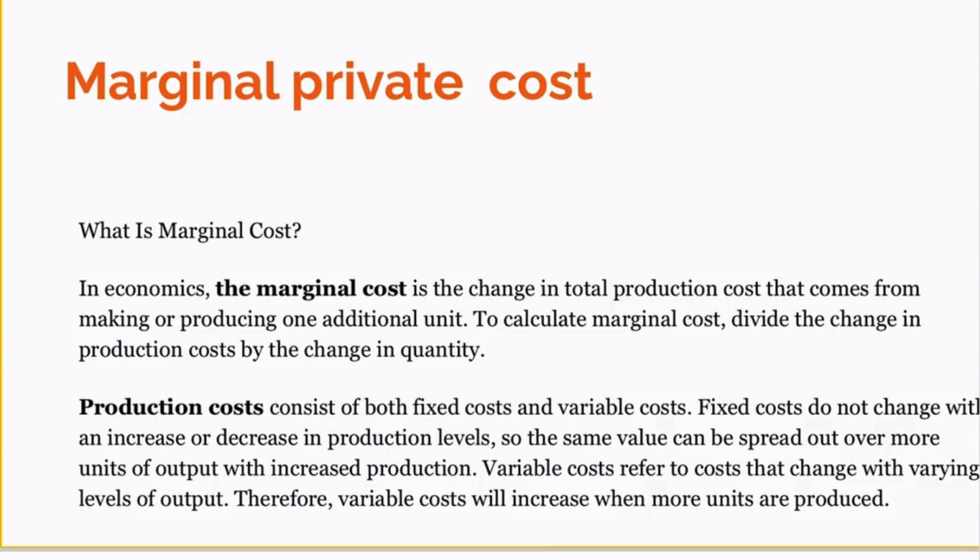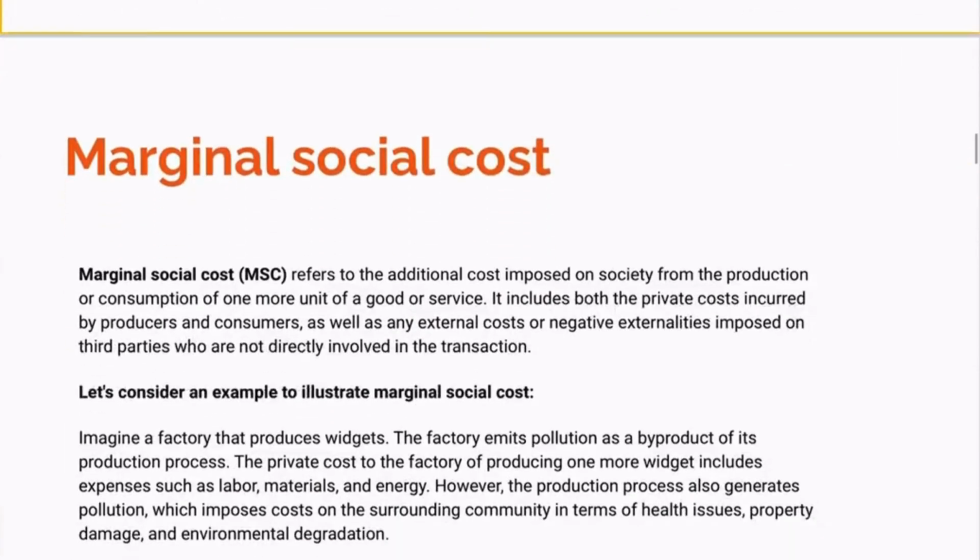There is an increase of one. So if you do that division, that would give you the marginal cost. Okay, so it's simple that way. It's a delta change in production cost per delta change in the quantity.